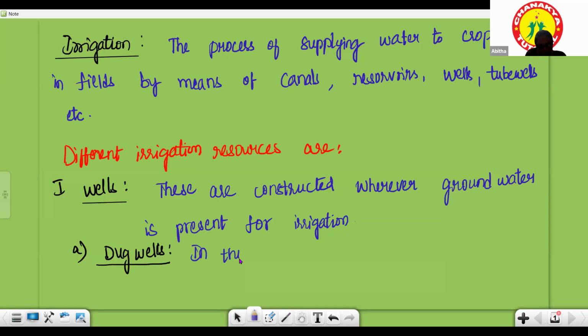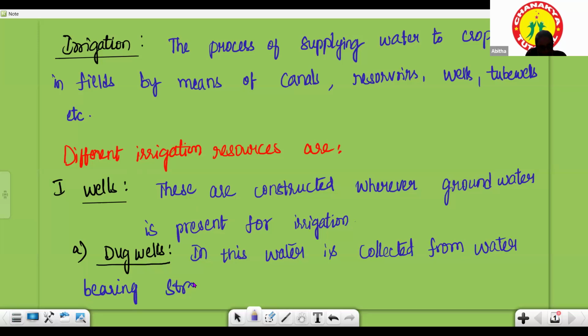In this, water is collected from water bearing strata. After discussing all these types, I will show you the pictures.